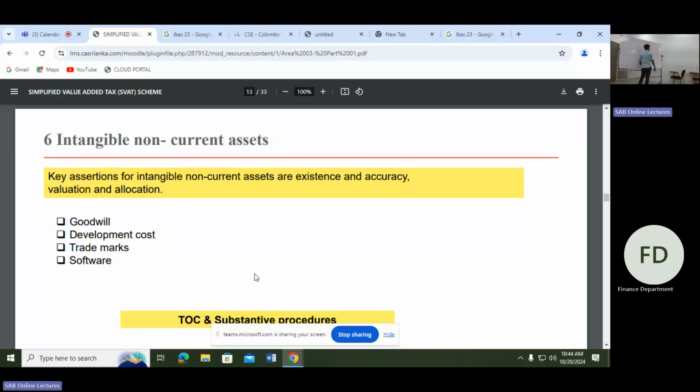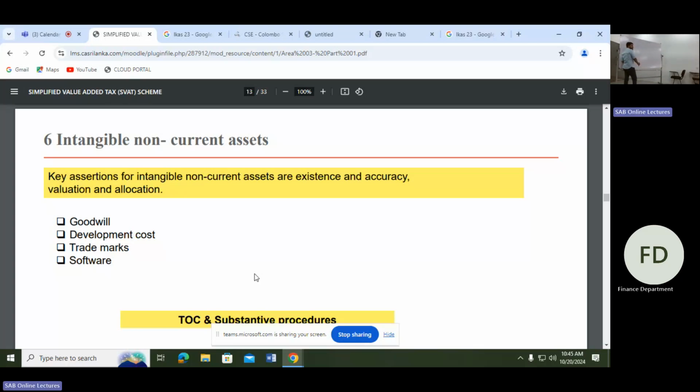For instance, the name intangible asset itself says that there is no physical substance. It is not touchable, right? We have an asset, we can't see it, but it's generating cash.